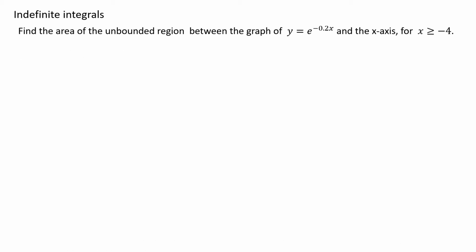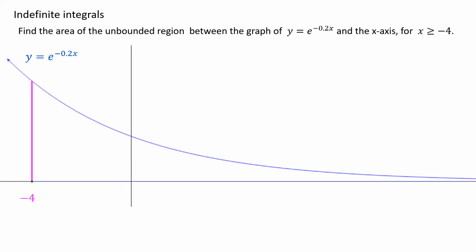We're now going to look at an application of the improper integral. We're going to find the area of an unbounded region between this graph and the x-axis to the right of negative 4. To understand what that means, we want to find the area under this curve from negative 4 forever rightward.